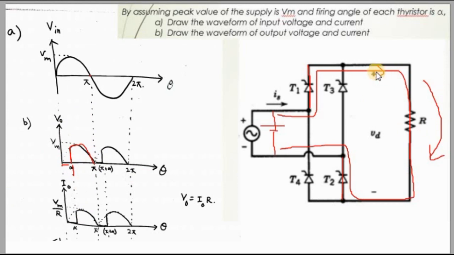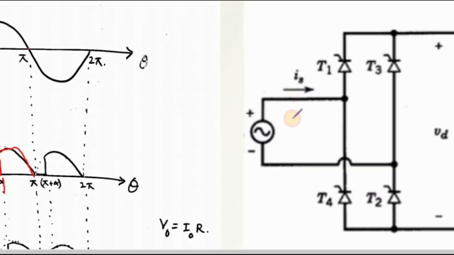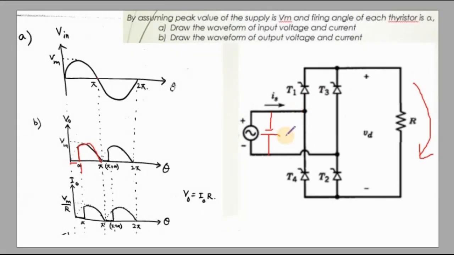Now we will take the negative half cycle. Let me erase these things. The voltage is applied like this. So at the beginning, from pi to pi plus alpha, T3 and T4 won't work.